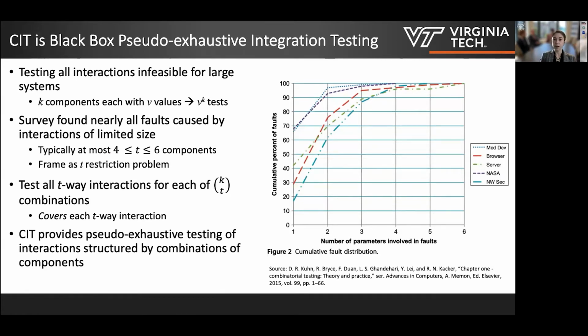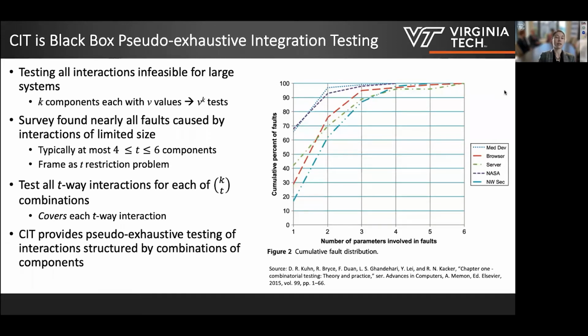However, in a survey, it was found that nearly all faults are caused by interactions of limited size. So typically covering somewhere between 4 to 6 in the size of interactions found all of the faults. So if we look at the chart that's provided, these are different systems. And then the number of parameters or the number of components that are involved in the faults is along the bottom.